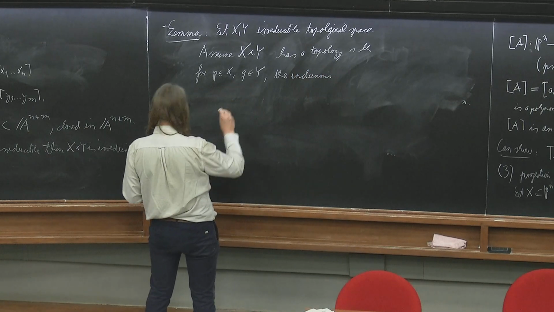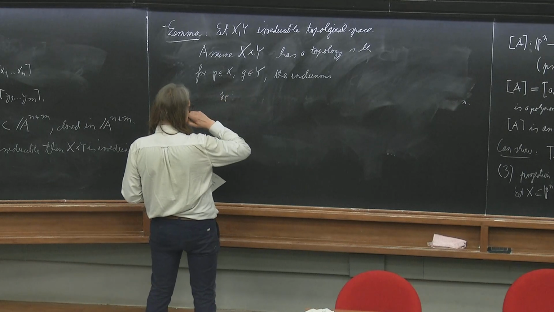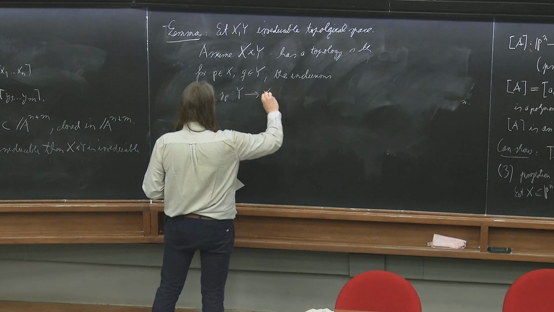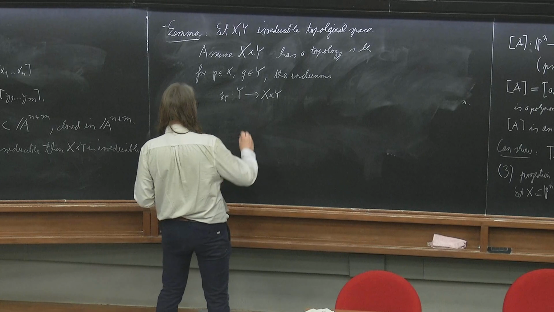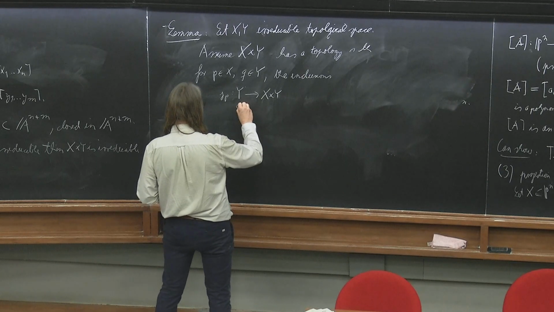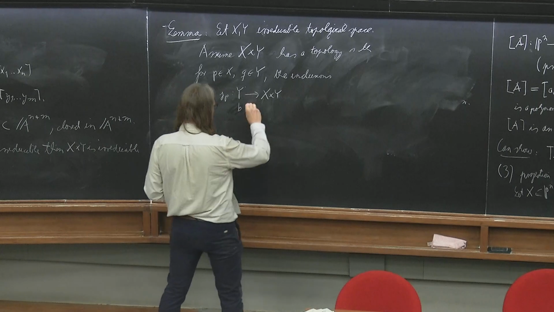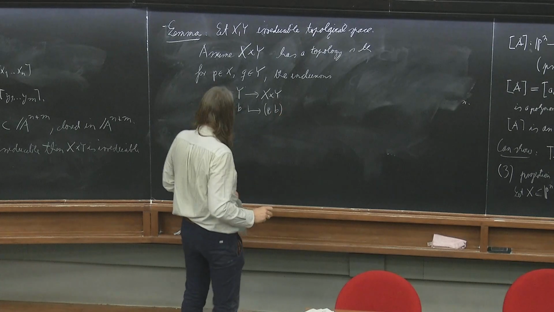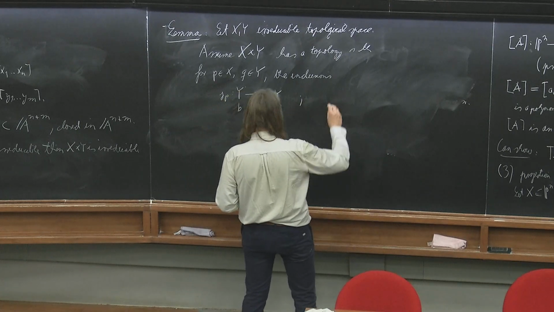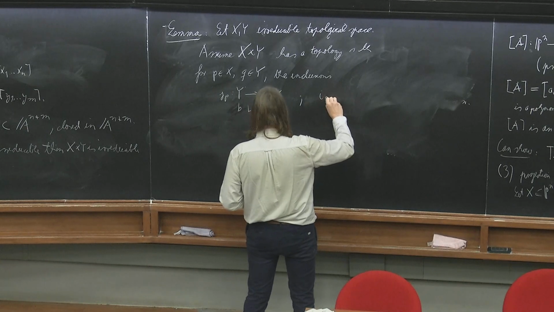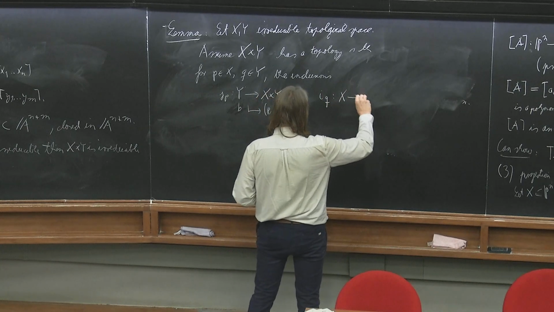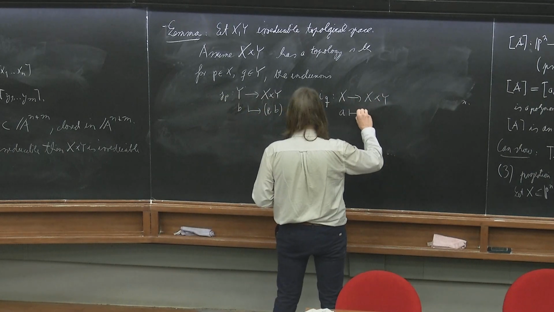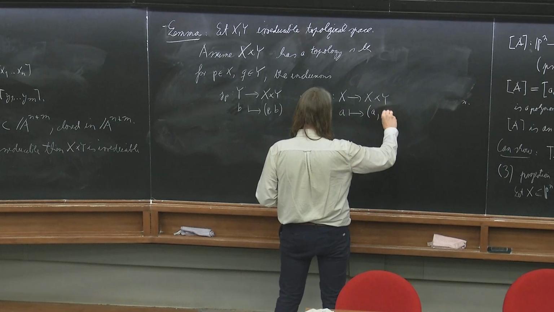So how do I want to note it? So say j_p from Y to X times Y, which sends a point b in Y to (p, b). And we also have the map i_q from X to X times Y, which sends a point a in X to (a, q).